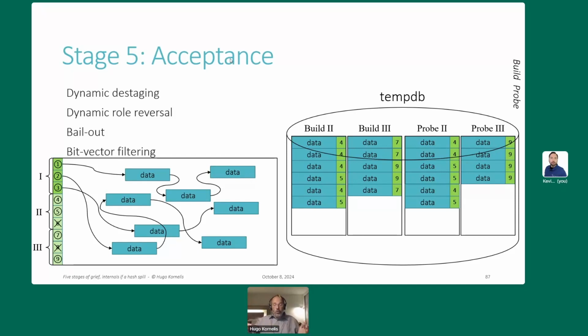And because right from the start we accepted our fate, we embraced that, yeah, spills might happen, we got back some performance. I still rather don't have a spill. I will always try to write my queries or to optimize and tune my queries to avoid spills. But this bit vector filtering may reduce the pain a bit.